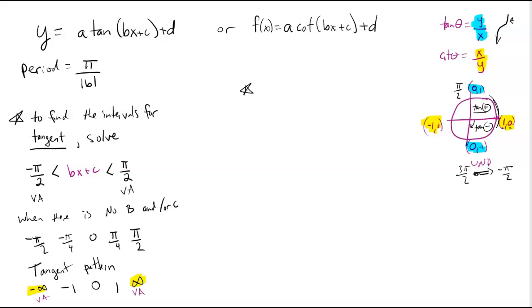We do the same thing for cotangent. So to find the intervals, this time for cotangent, we are going to solve this: 0, bx plus c, and then pi.